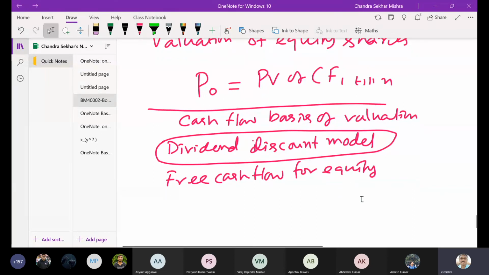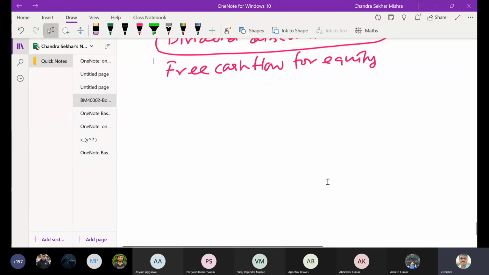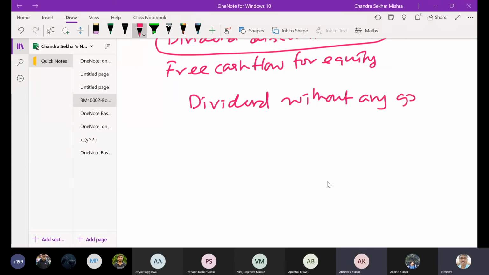So the dividend discount model is very simple. We have already done some similar problems in time value of money also. Let's say the simple case is dividend without any growth. That means D0 is equal to D1 is equal to D2 is equal to D, where D means dividend per share, up to infinity.